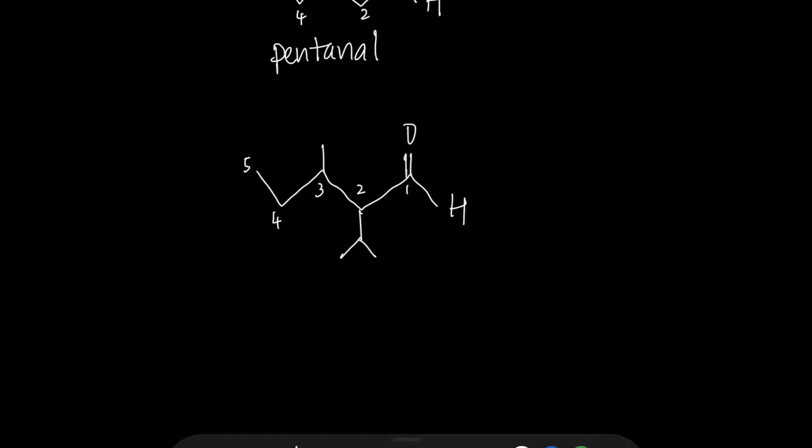But the different thing here with the previous pentanal is you have two substituents, one attached to carbon number 2 and another one attached to carbon number 3. So the one attached to carbon number 2 is an isopropyl, and carbon number 3 we have a methyl group.